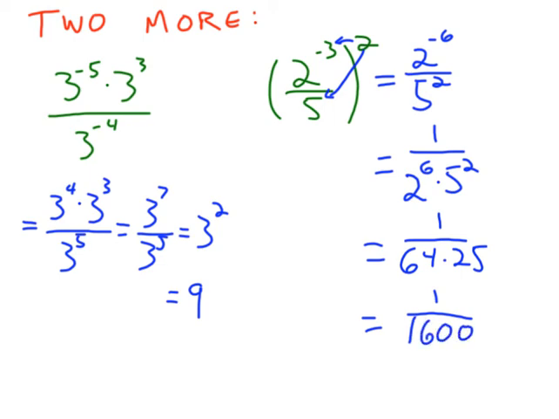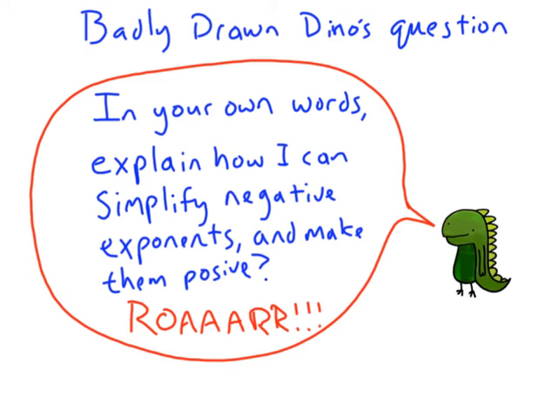So there you go. There's some great examples that'll help you with your work today, so make sure you check out the class site to see what your practice exercises are. But before you do that, in your notes, I want you to answer this question that Badly Drawn Happy Dinosaur has posed for us.